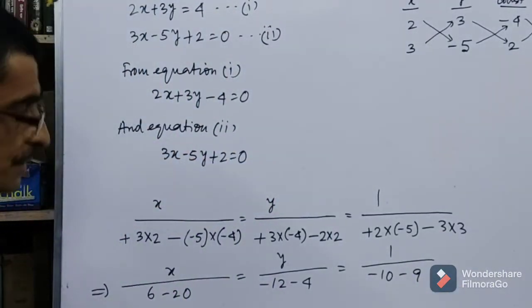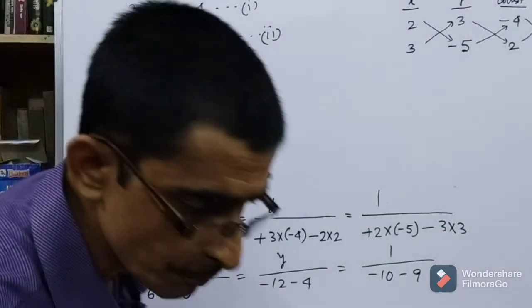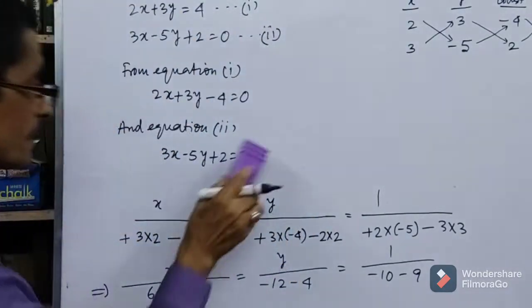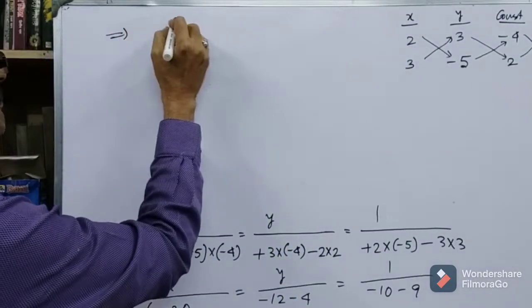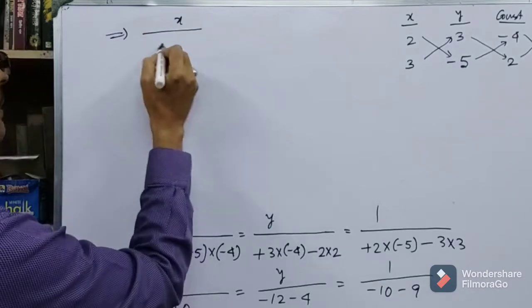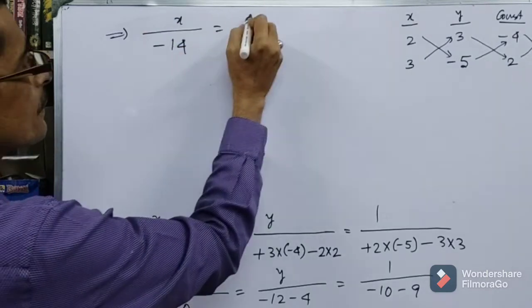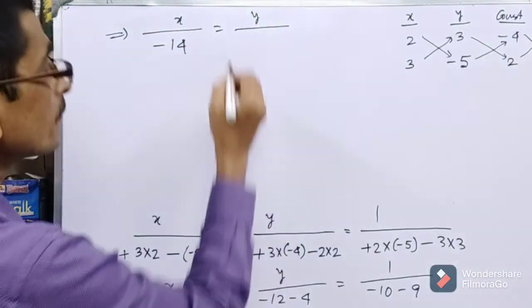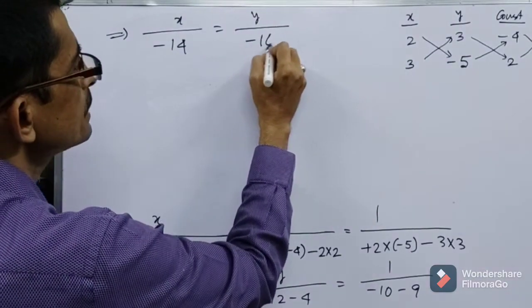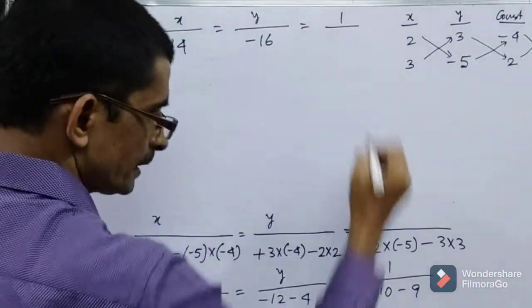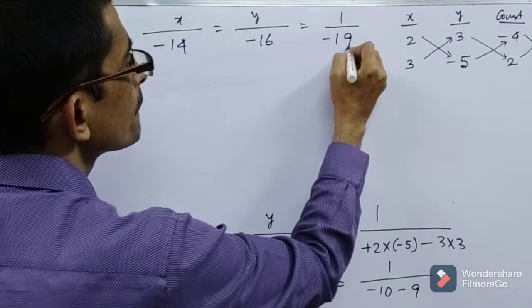Again you have to simplify, so I am going to the top of the board. So the simplification is x divided by minus 14, y divided by minus 16 and 1 divided by minus 19.